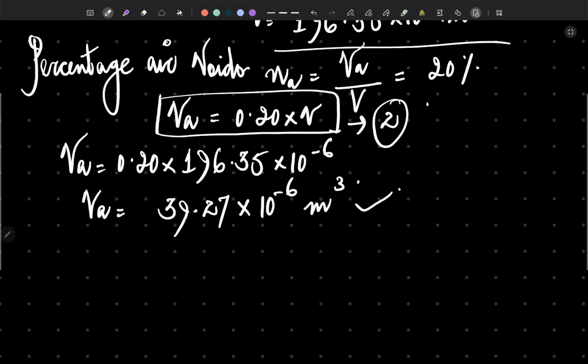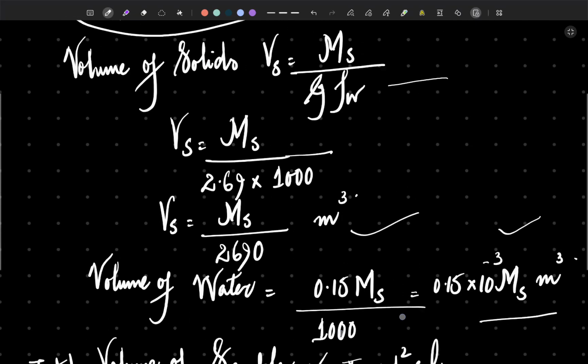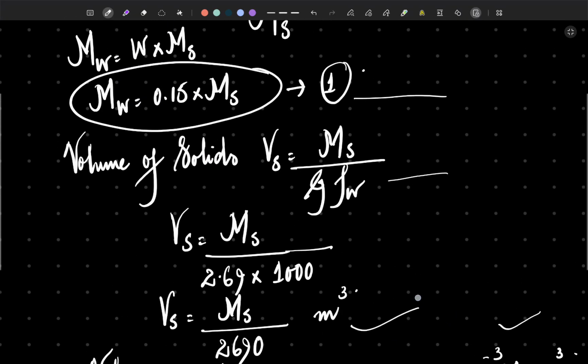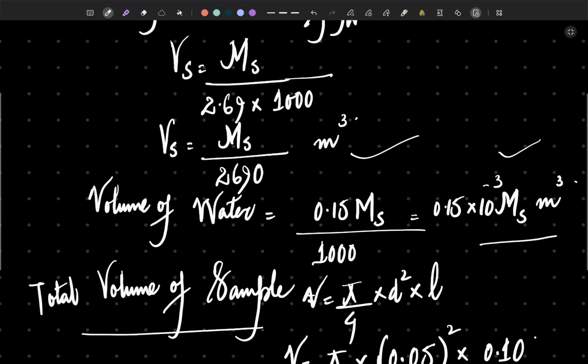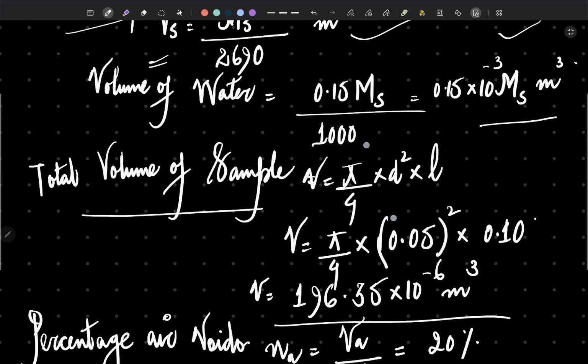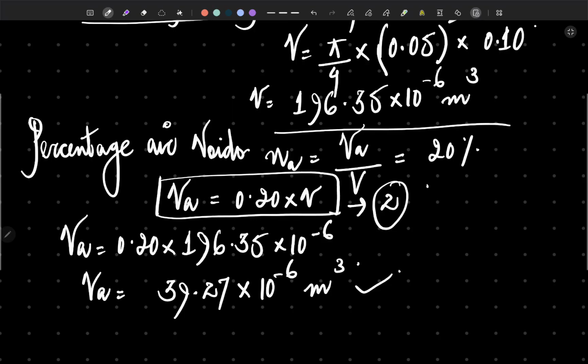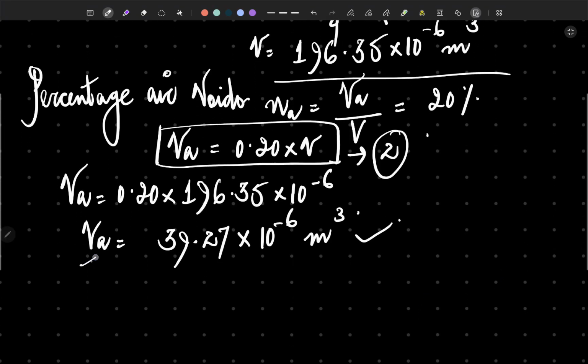So if you can see, I just calculated 3 volumes. First, I calculated the volume of solids. Then I calculated the volume of water. And then subsequently, as per the data given in the question, I calculated the volume of air.